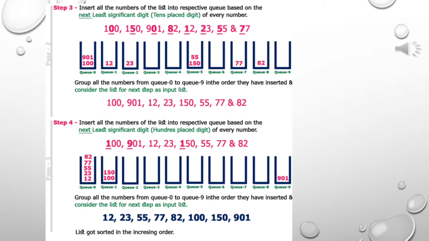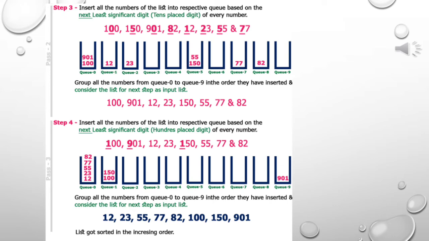Group all the numbers from Q0 to Q9 in the order they have inserted and consider the list for next step as input list. Now the order is 100, 901, 12, 23, 150, 55, 77 and 82.